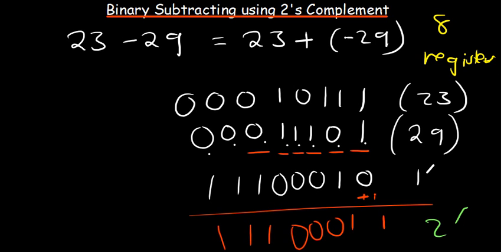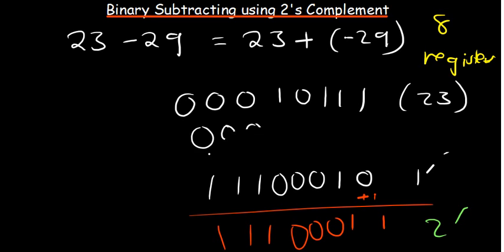Okay, so that's the number that we are now going to add to what we have. What we are considering now is the negative 29. They're supposed to be 8 digits.